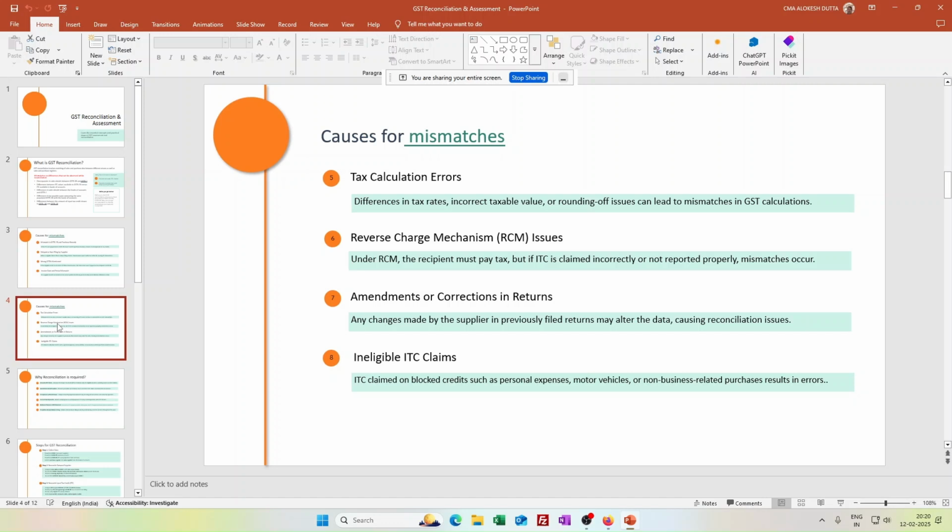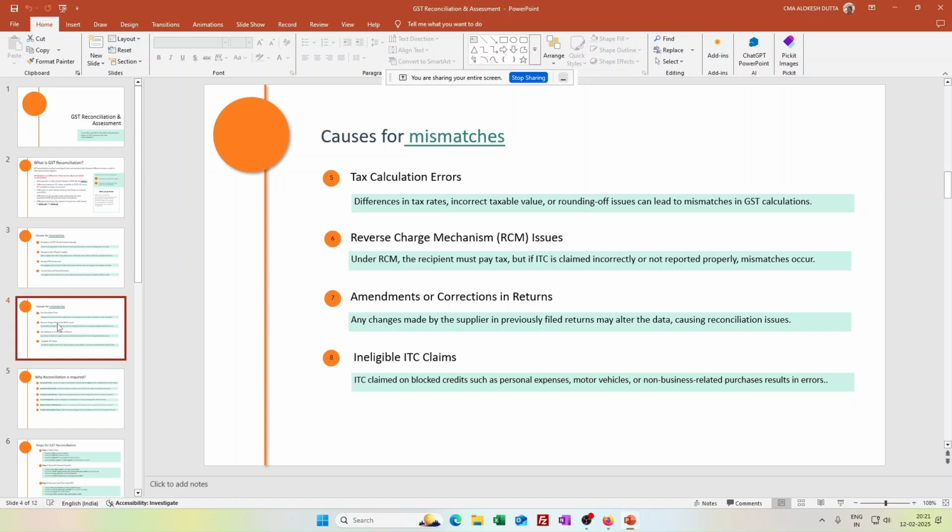Reverse charge mechanism issues. RCM cases, where the recipient pays the taxes. I told you yesterday that for security services, the recipient should pay the taxes. Now, in RCM he has to show it in GSTR 1 as per the reverse charge mechanism and claim the ITC in the GSTR 3B, the same amount.